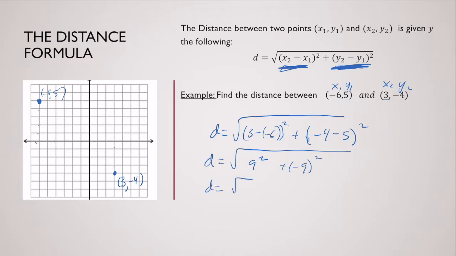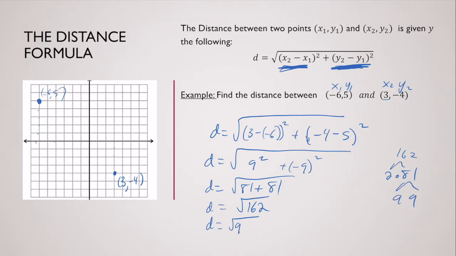That's 81 plus 81. The distance is the square root of 162, which is 2 times 81. If I was going to factor it, 81 is 9 times 9. So my distance is the square root of 9 squared times 2. So 9 square root of 2 is going to be our distance between those 2 points.